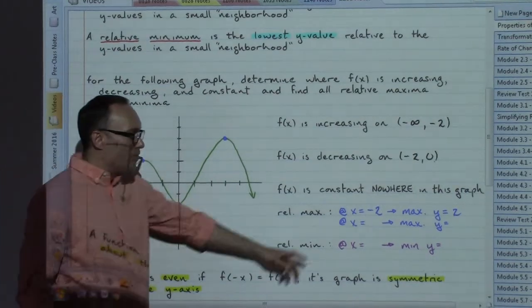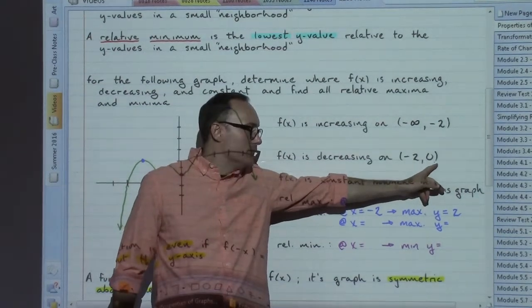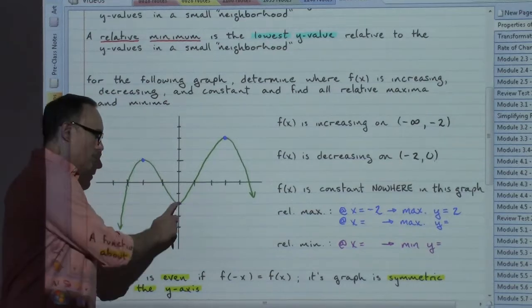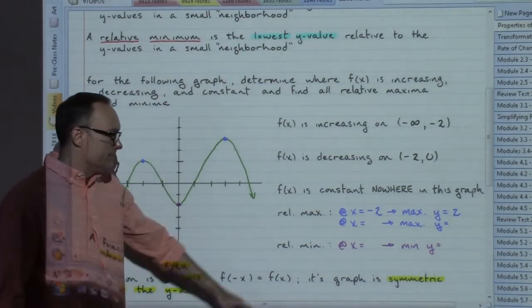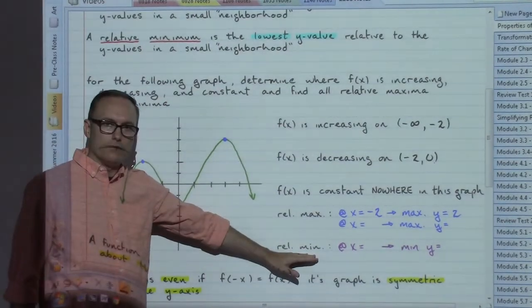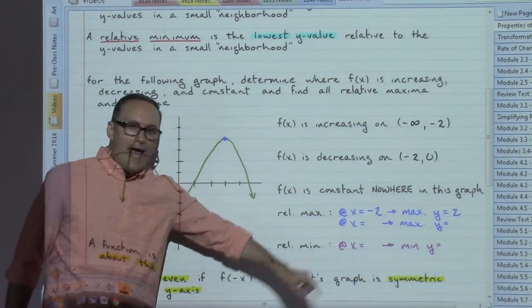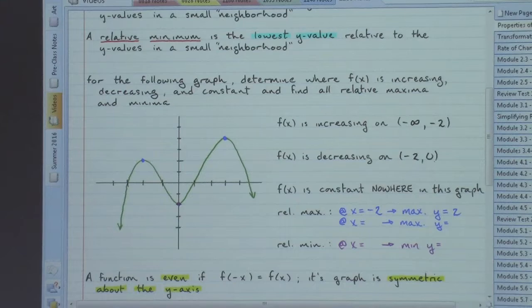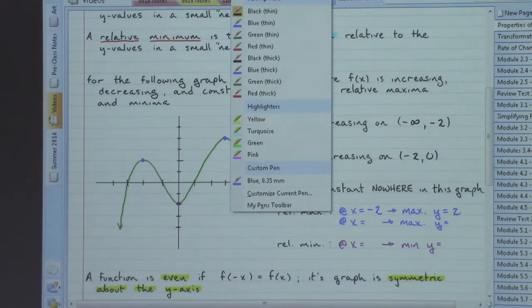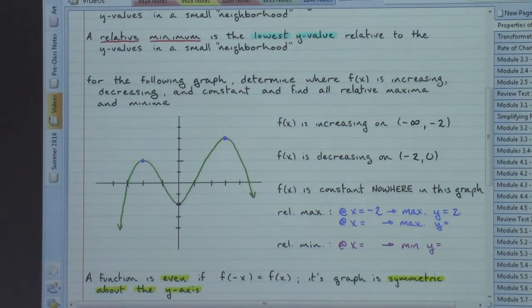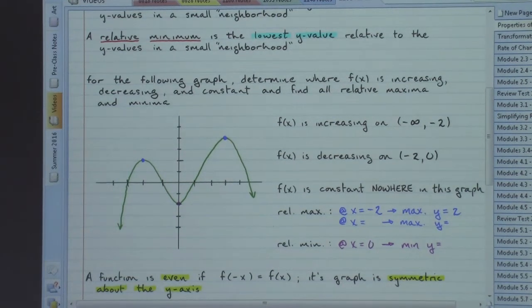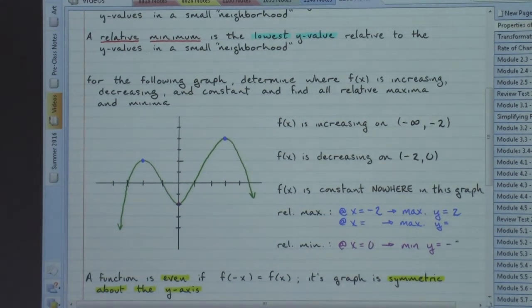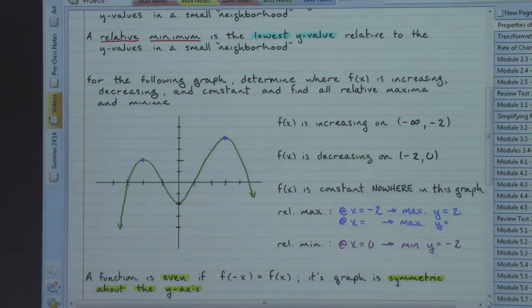We're going to stop right before that because of that whole open interval business. We hit that purple dot that's there where we bottom out, minimum, at x equals 0. And if we look at our grid markings, what is the minimum? The minimum is y equals -2.